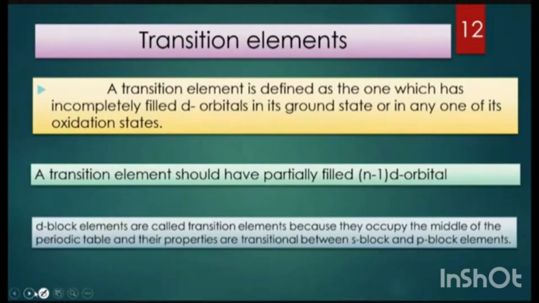What I mean to say is, in the periodic table, d block elements occupy the middle position, that is in between the s block elements and the p block elements, and they also possess the properties possessed by both the s block and p block elements. That is why we have used the term. Their properties are transitional between s block and p block elements, hence they are called transition elements.